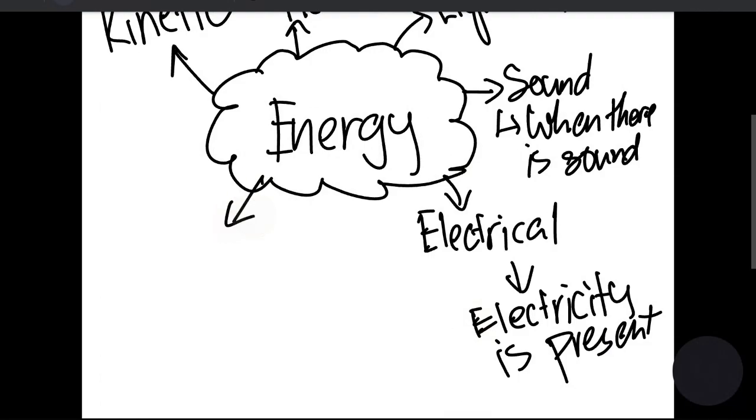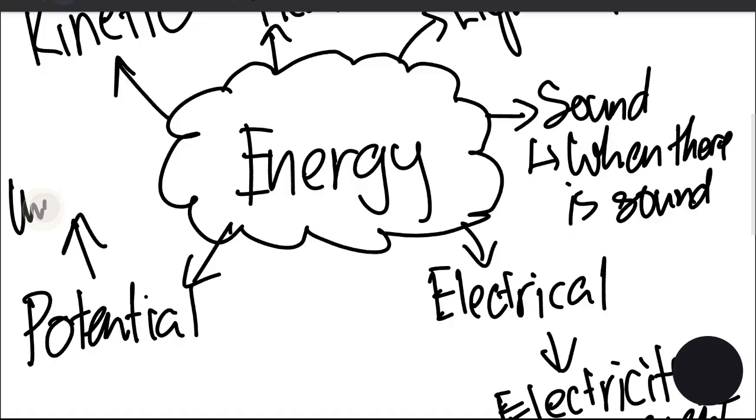Then we have potential energy. Potential energy has 3 types of energy. The first one being chemical energy, which is when there is no other energy happening.